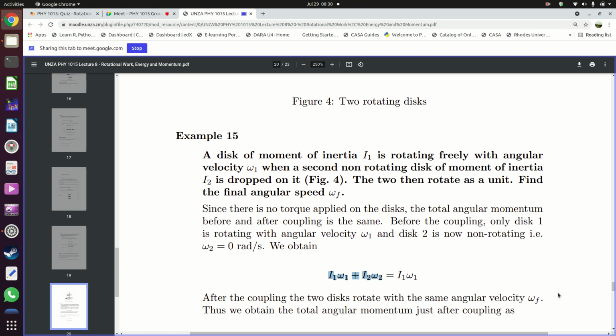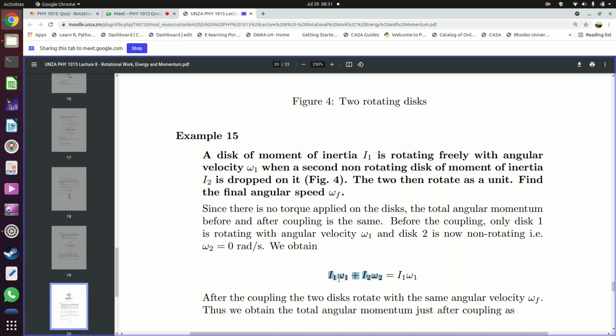However, when this thing couples, here you have the moment of inertia. I think this was not written properly. It is very confusing because it looks like this one and these are the same, but this is supposed to be for the angular velocities of the disks after the coupling.